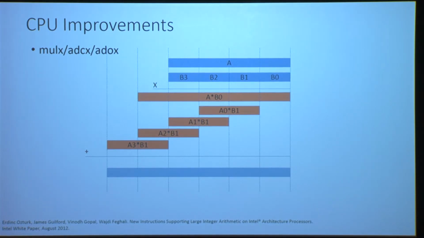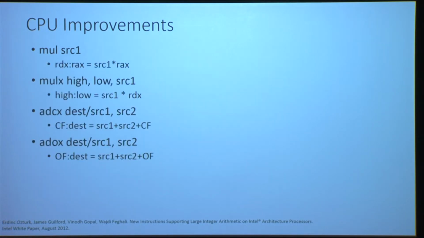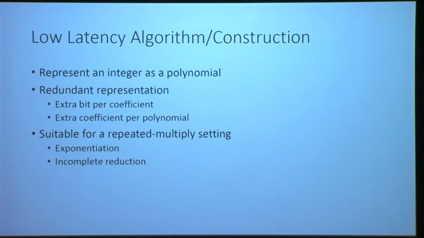There's more improvements, there's AVX instructions, etc., but I just want to move on because I talked enough about the carry problems. So now the algorithm and the construction that we did.